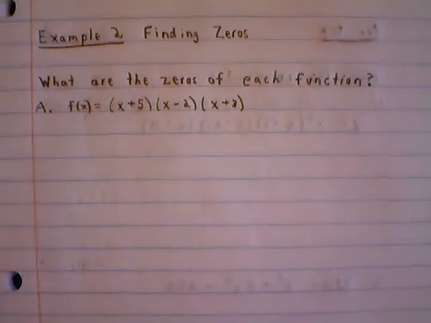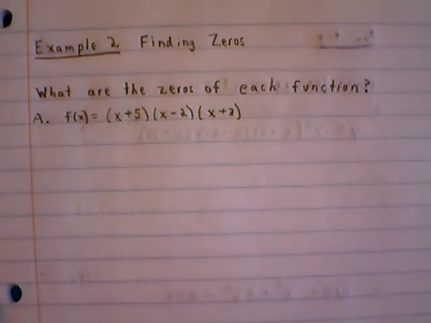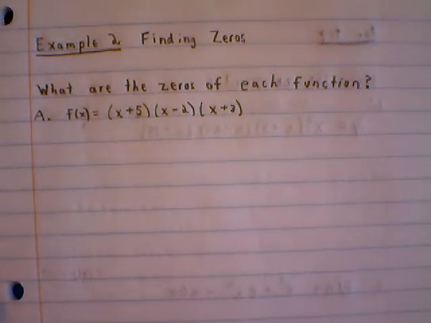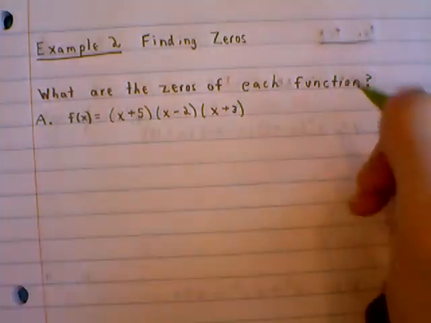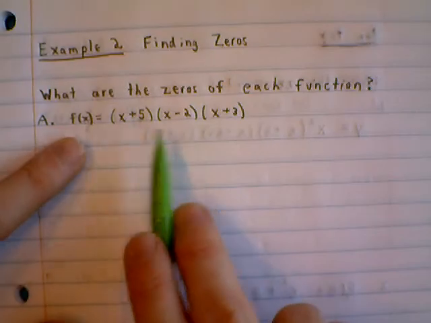Part 2, finding zeros. What are the zeros of each function? For zeros, I'm finding out where the function equals 0. I'm finding out where f of x equals 0.